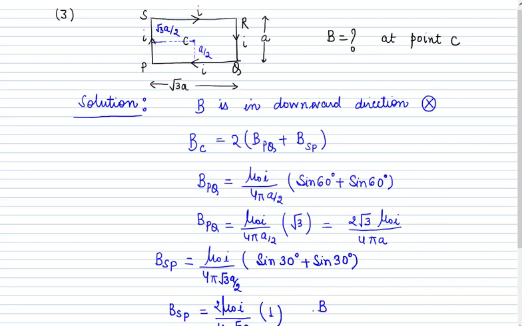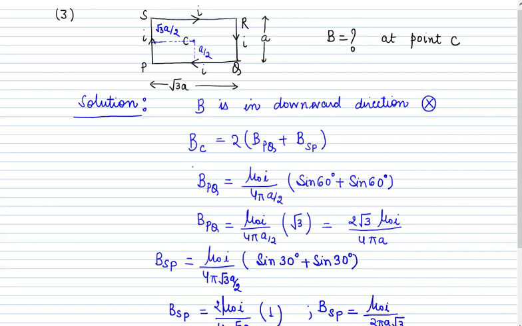So the magnetic field due to side SP will be equal to mu naught I upon 2 pi a root 3.